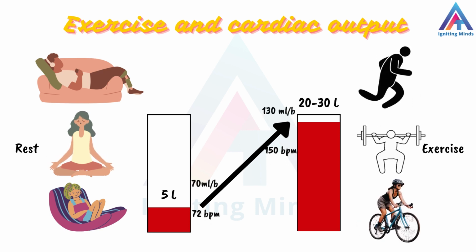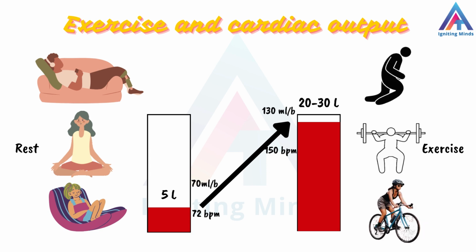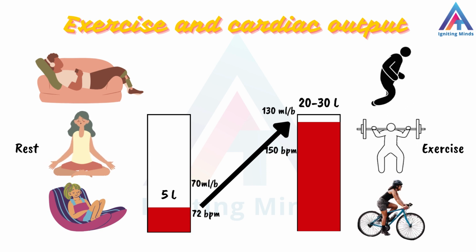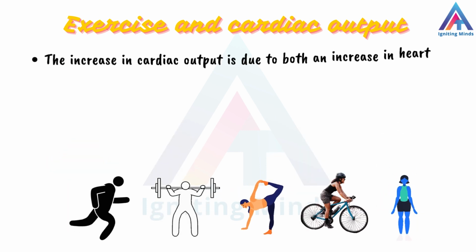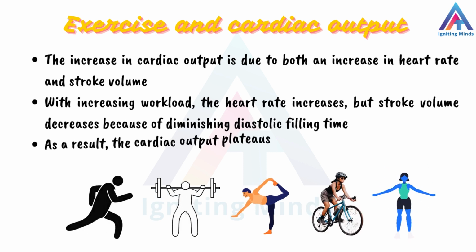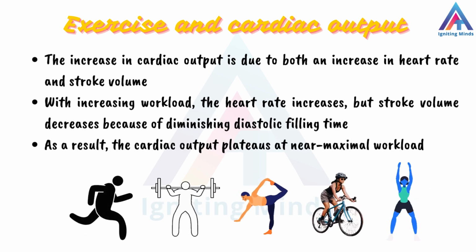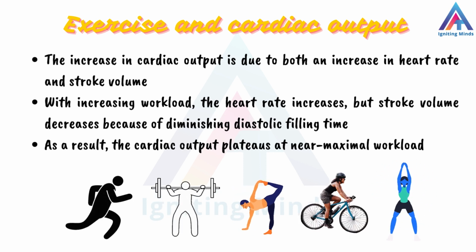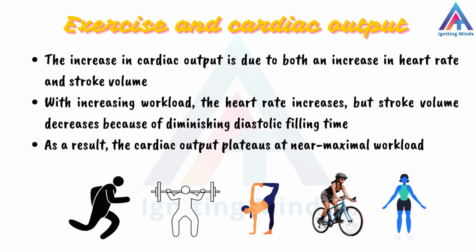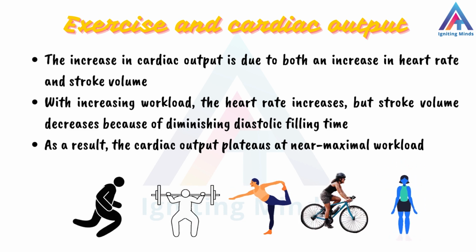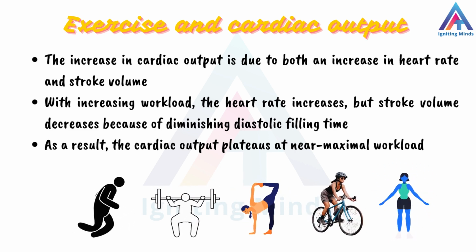This is due to the initial increase in both heart rate and stroke volume, to about 150 beats per minute and around 130 ml per beat respectively, to reach approximately 20 to 30 liters per minute. With increasing workload, the heart rate increases, but stroke volume decreases because of diminishing diastolic filling time, that is the ventricular relaxation time. As a result, the cardiac output plateaus or levels off at near maximal exercise.